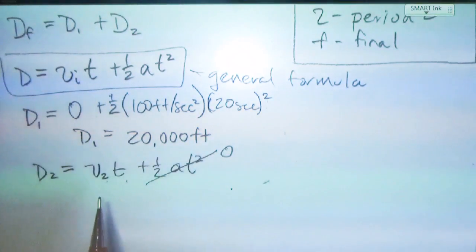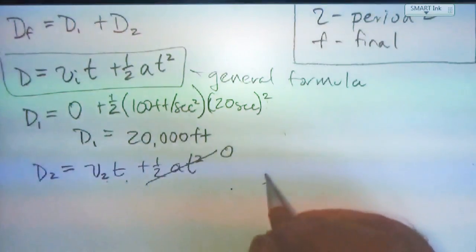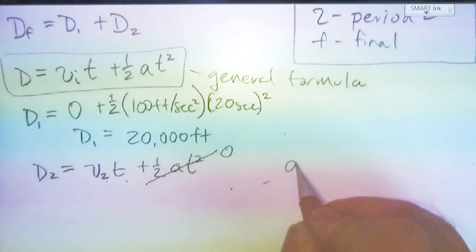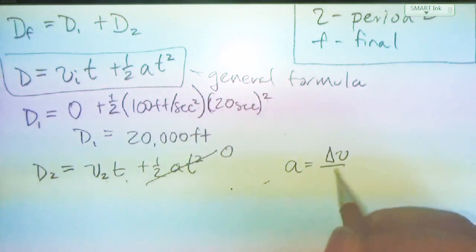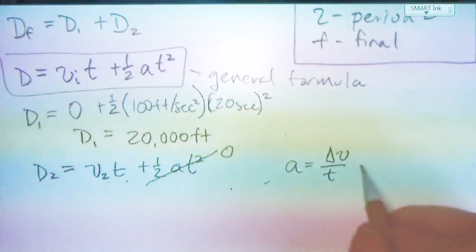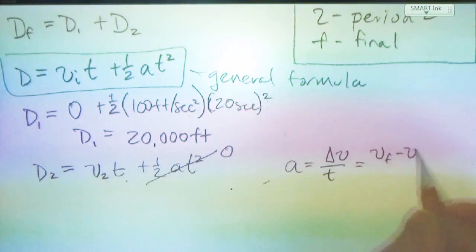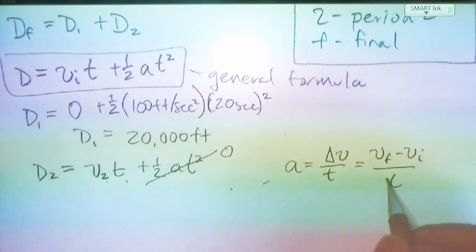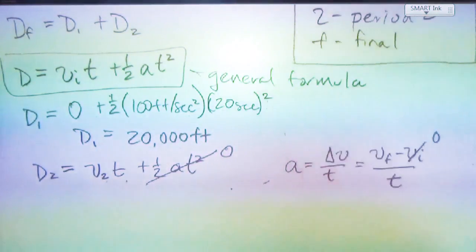Well, what is that velocity? How do we figure that out? Okay. Well, all we have to do is realize that acceleration is equal to nothing more than the change of velocity over time. We've talked about this, right? And that change of velocity over time is just the final velocity minus initial velocity over time. What's the initial velocity? That one's 0, okay?